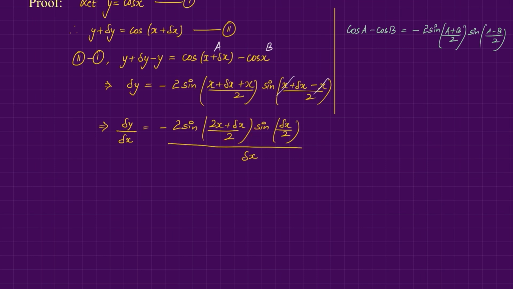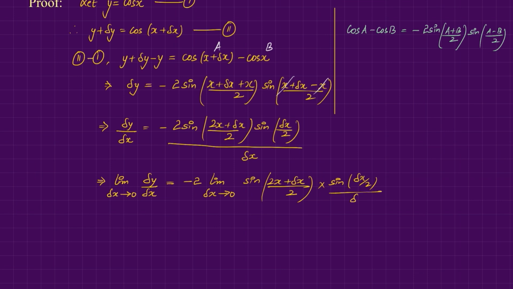Let me take the limit on both sides. Limit delta x tends to 0, delta y over delta x equals minus 2, which is constant, so no need to write the limit there, into limit delta x tends to 0 of sine of (2x plus delta x) by 2 into sine of delta x by 2 by delta x.